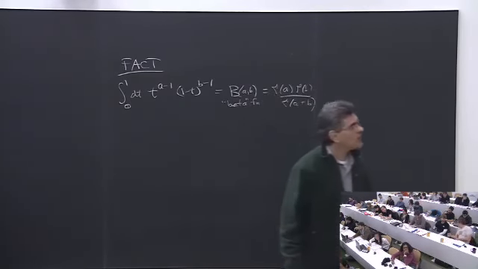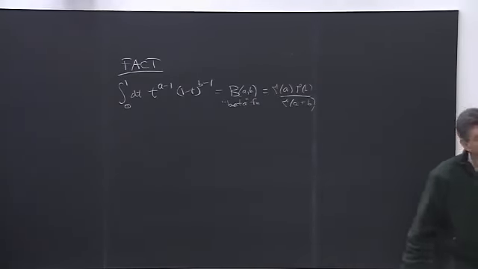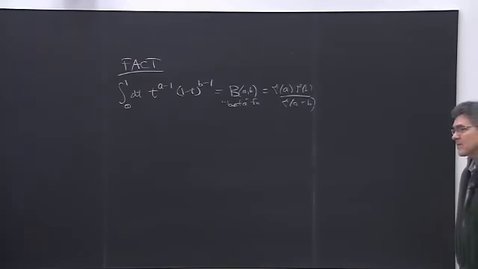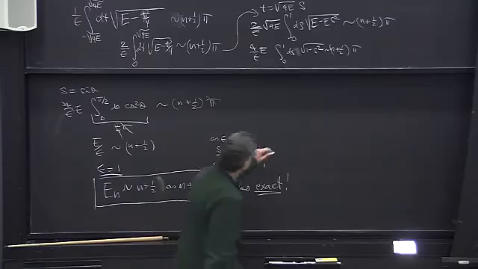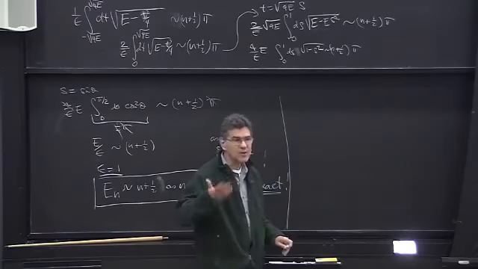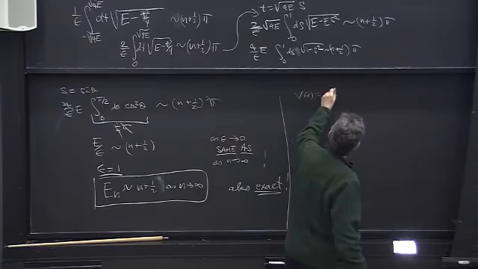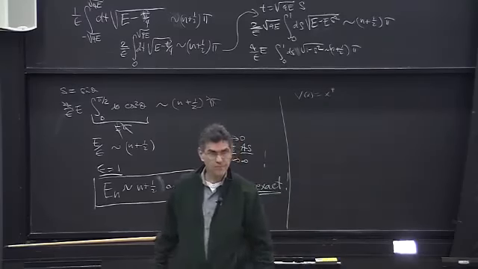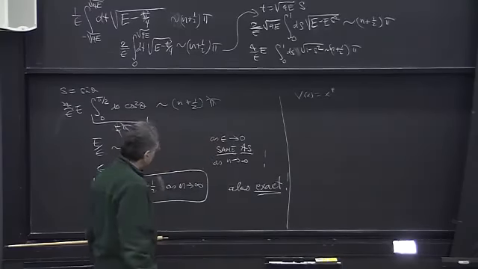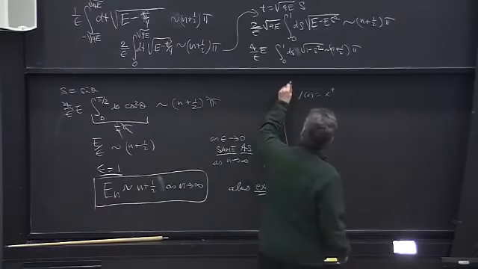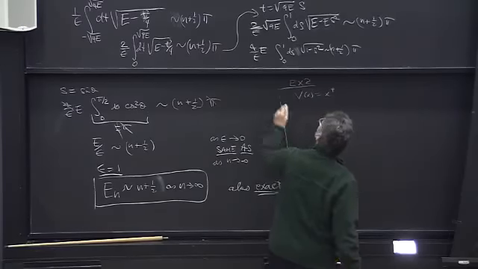So if we wanted to use this formula for the anharmonic oscillator, suppose we took the potential V of x to be x to the fourth. This is example 2.